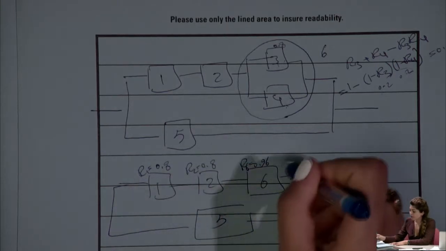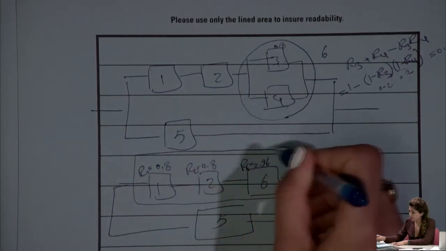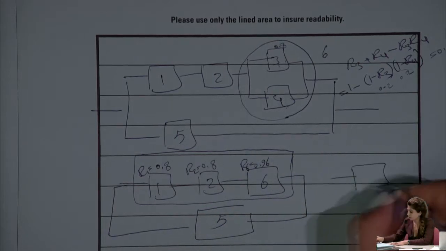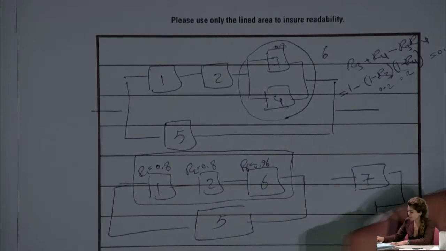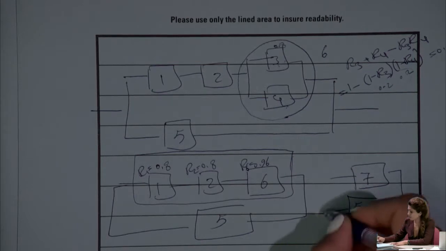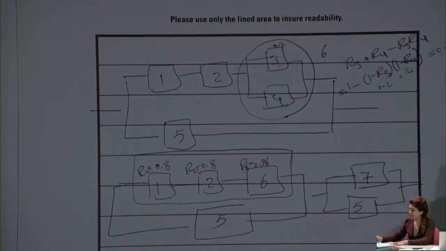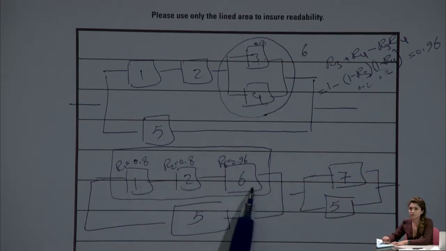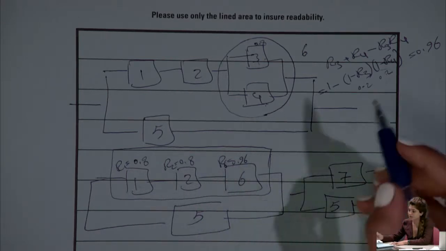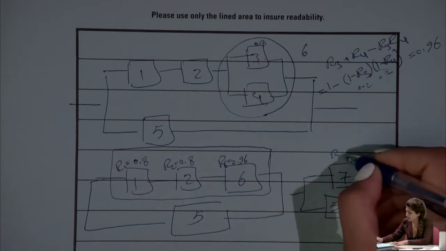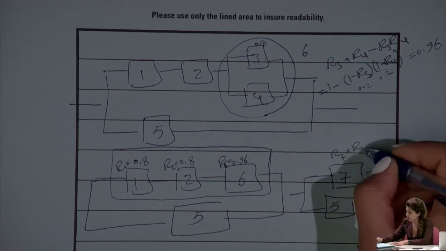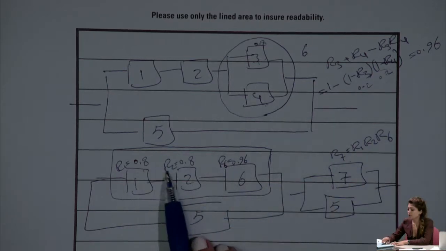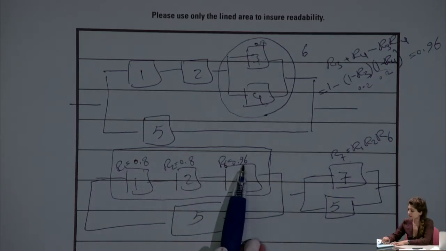Now, the next reduction would be on the top here. We replace that with one block that we call 7, which is parallel to block 5. Now what I need is the reliability of 7, and we know that this is a series, so it's going to be the multiplication of all the R's on the top. So R7 is going to be equal to R1, R2, and R6, the multiplication of 0.8, 0.8, and 0.96.